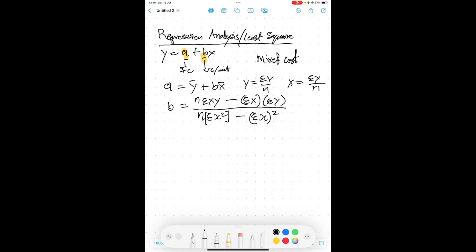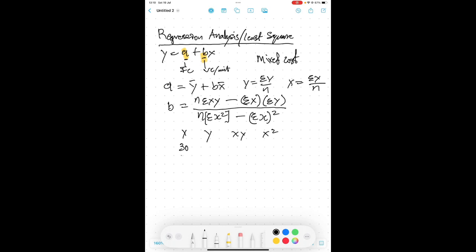So by this, for us to calculate B, the columns we have will be X, a column for Y, a column for XY, and a column for X squared. From the question, you should be able to pause, go back and check the question, and come back to the solution.